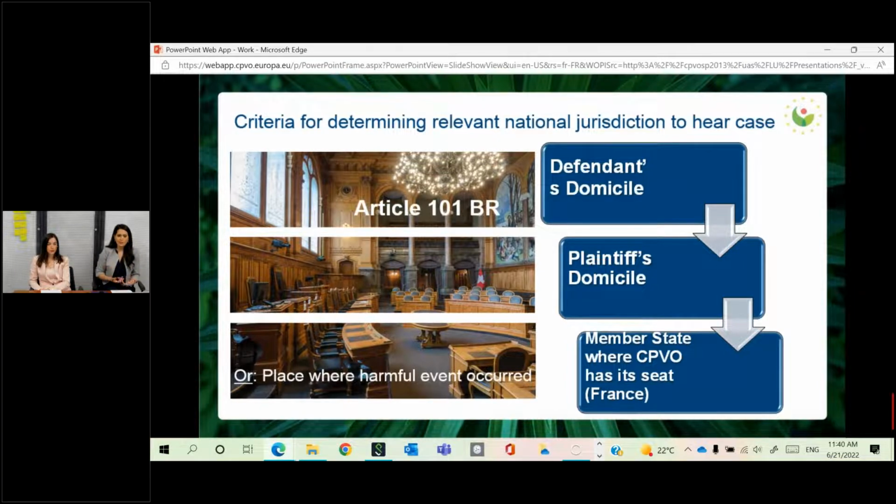You may ask, where do I go to litigate? You just told me that the community plant variety right covers the 27 member states. How can I choose what is the national judge in charge of assessing my infringement case? Well, Article 101 gives us some criteria that can be followed in order to decide which is the judge that can help me.